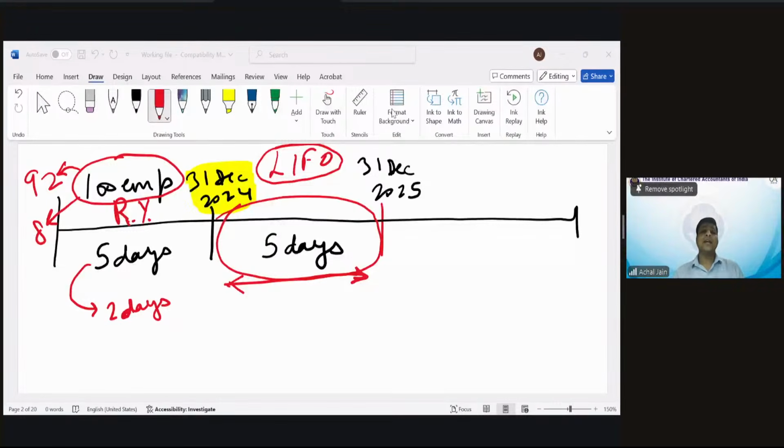What is your thought? Okay, Anil has answered this. Very good. Anil says, for 92 employees, 2 days should be recorded, and for 8 employees, 6.5 days should be recorded. Okay. All right. What about others? Meenu says, first 92 days reported, then 8 employees.